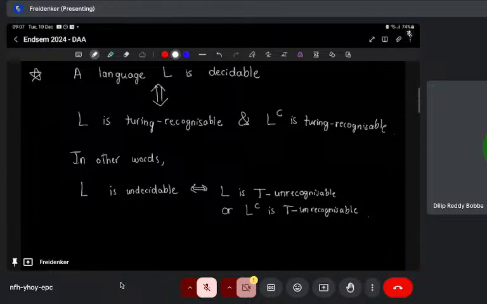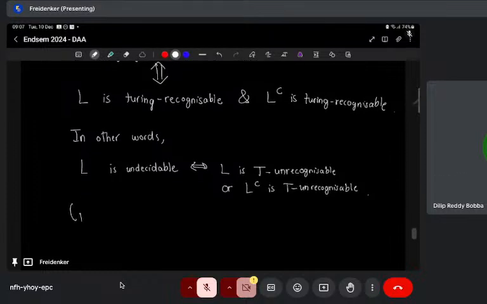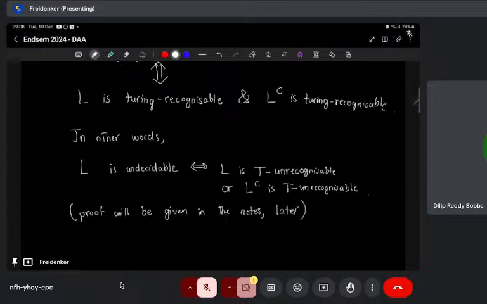Proof, we don't have to go through it though. There is a proof. I will just write the proof in the notes later. I will prove it later. You can go through it. Okay, fine.